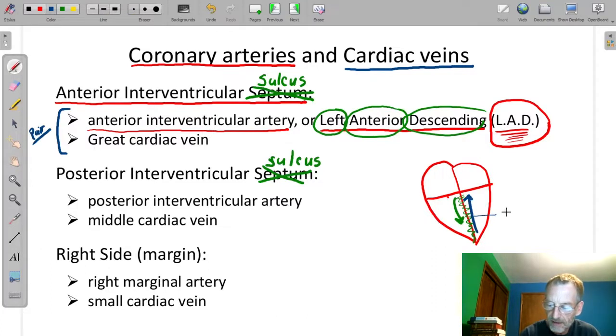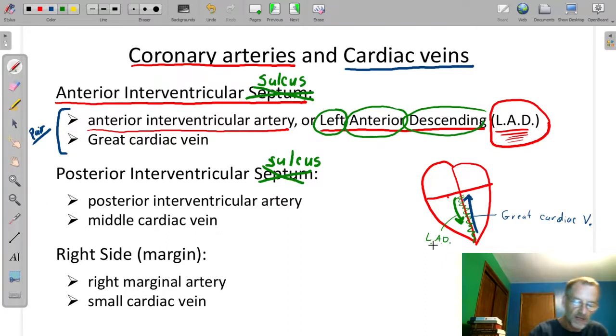This is the largest of the three, great cardiac vein. We'll abbreviate vein here with a V period, and you can do that also on an exam. And the green was what? I'll just call it the LAD. Again, I would rather do that than spell out anterior interventricular artery. Okay, so that's one pair.